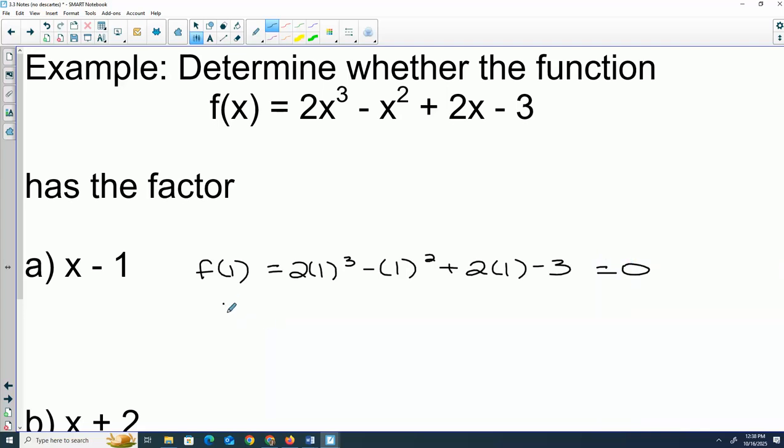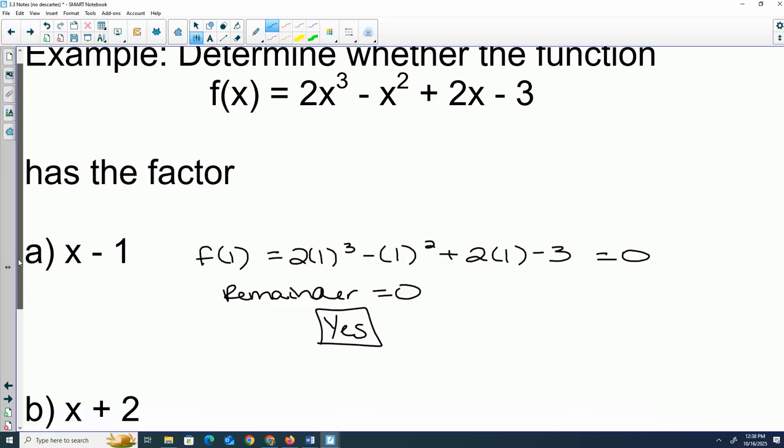So what that means is if you did divide it, the remainder is 0. Which means it is a factor.